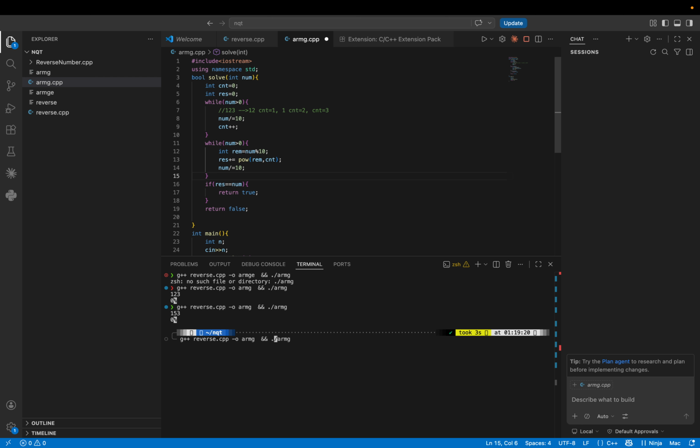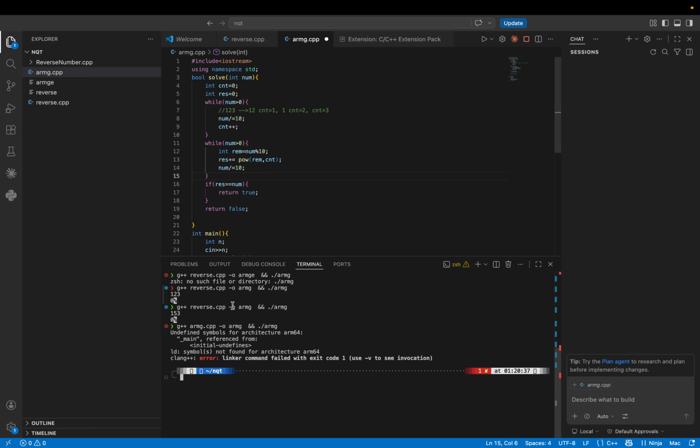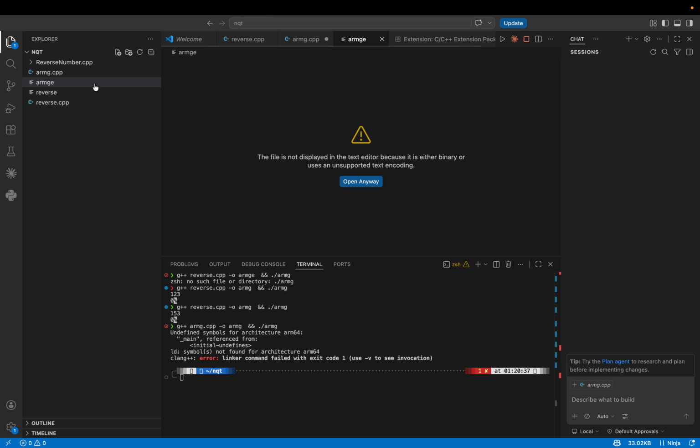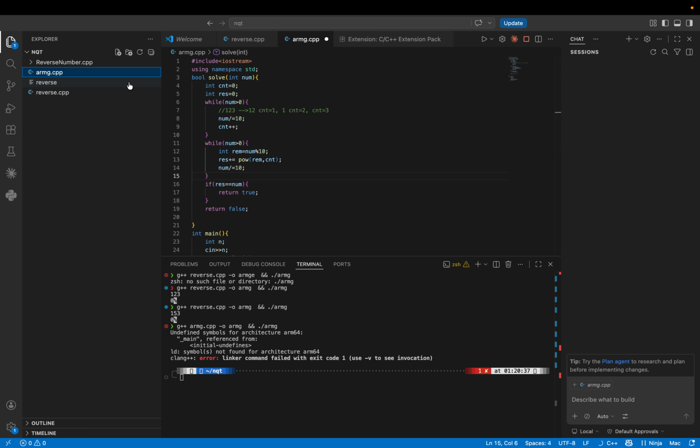Okay, I think the issue is in running ARMG.cpp minus o. Okay. Let's first put some things to trash. For reverse, our reverse file was meant.